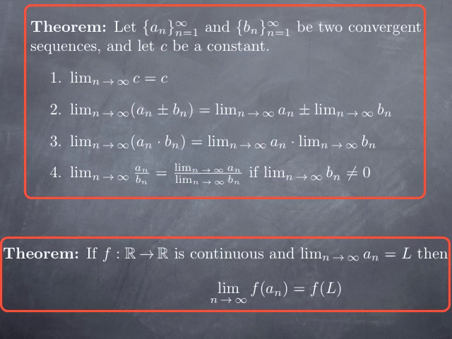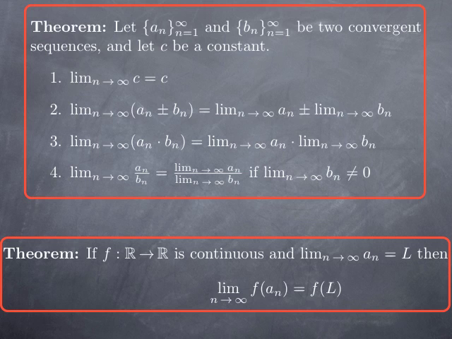Another useful statement here that I'm not going to prove, but that is easy to convince yourself of, we could prove it, it's not that hard, is that if you have a function from the reals to the reals that is continuous, and a sequence of real numbers that has a limit, say L, then if I form a new sequence by taking the images of the terms of my sequence an, so for instance, my sequence an is a1, a2, a3, and so on.